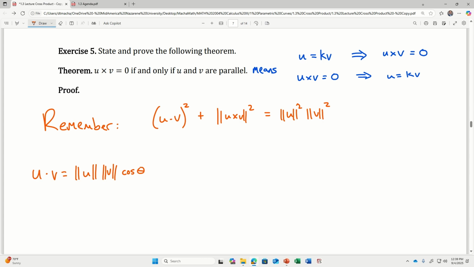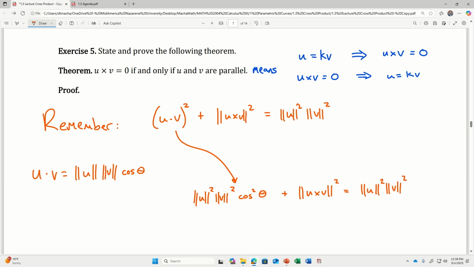And so here, when I have (u dot v) squared, we're talking about norm of u squared, norm of v squared, times cosine squared of theta, plus this cross product norm squared, and that's supposed to be equal to norm of u squared, norm of v squared.